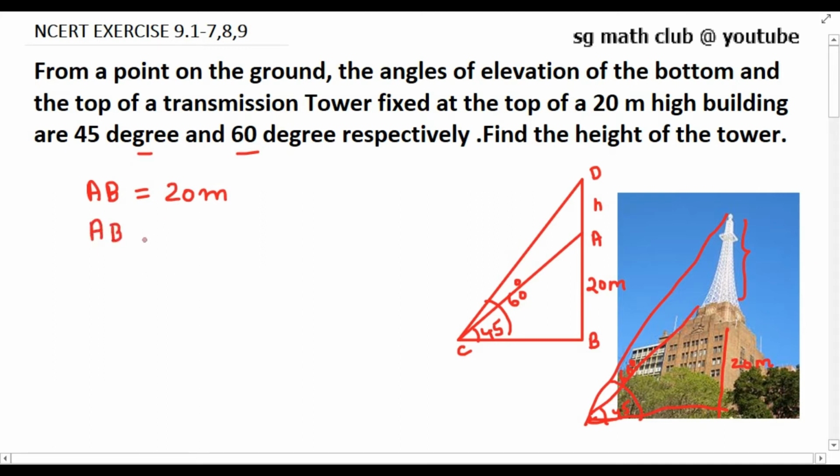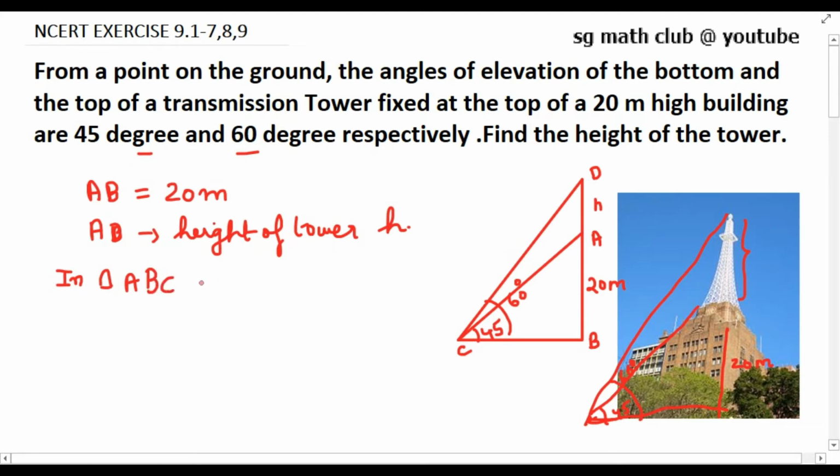That is, let AD be the height of the tower. We can take that as H. Now the angle of elevation at the top of the tower as well as the bottom of the tower they have given as 45 and 60 degree. So first we will consider the triangle ABC.